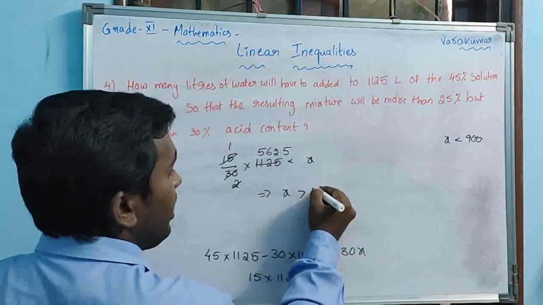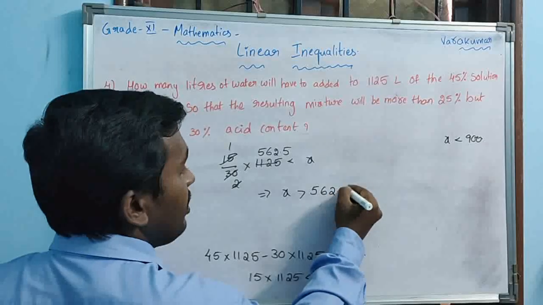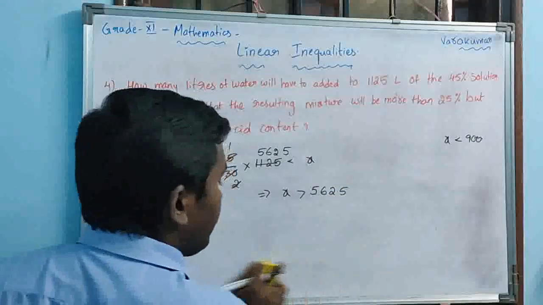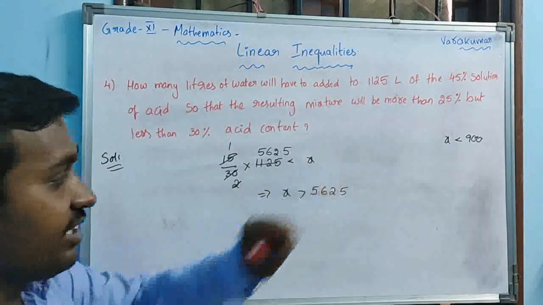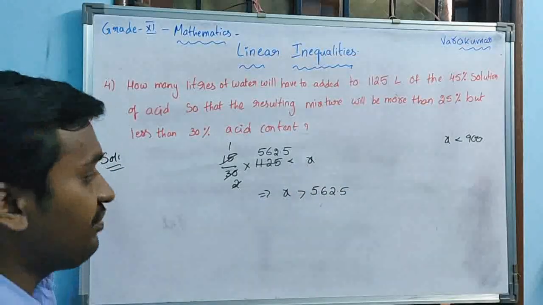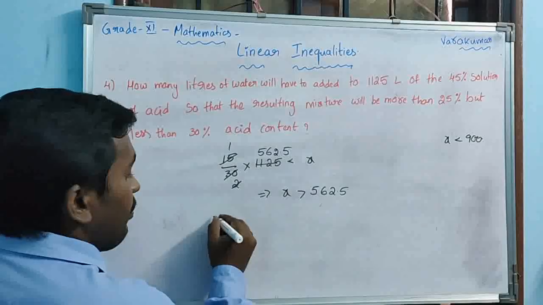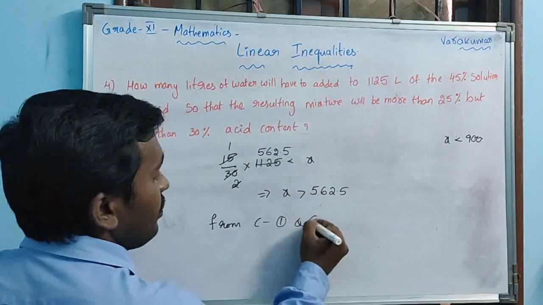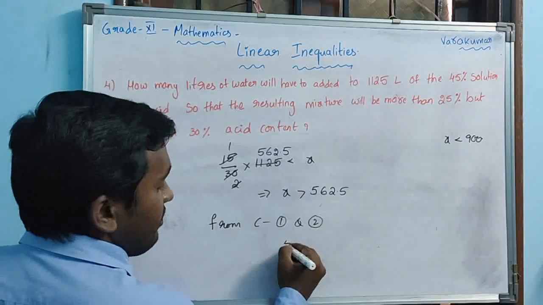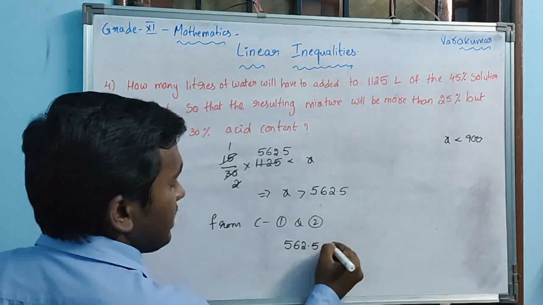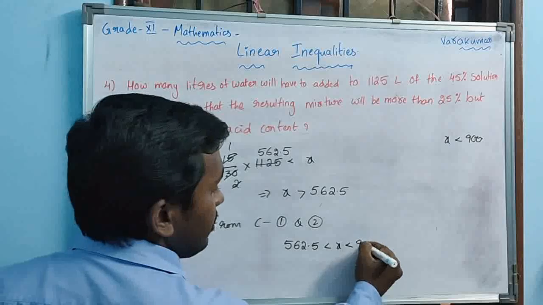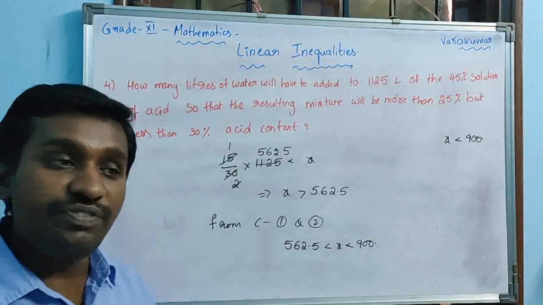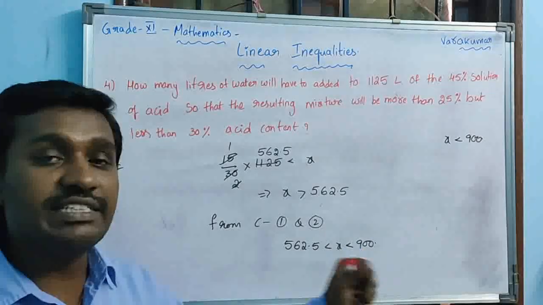From here what can we conclude? x is greater than 562.5 from condition number 2. Condition number 1 gives less than 900. So from both conditions we can write 562.5 less than x less than 900. The value of x will be more than 562.5 but less than 900.